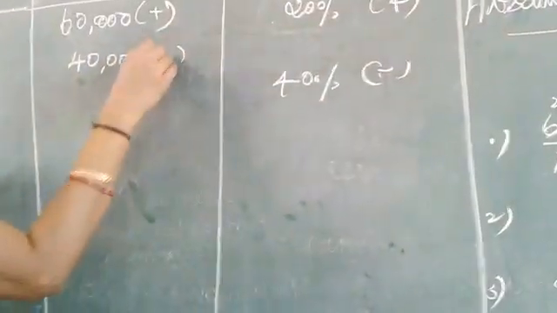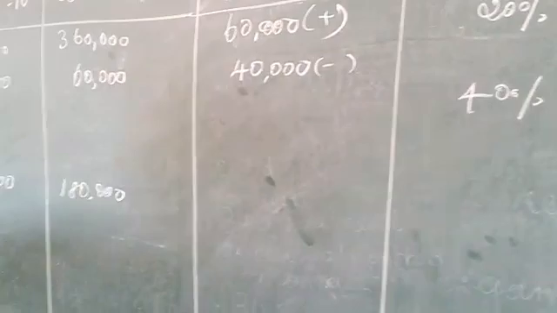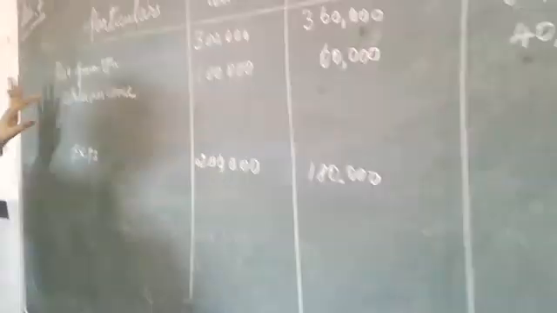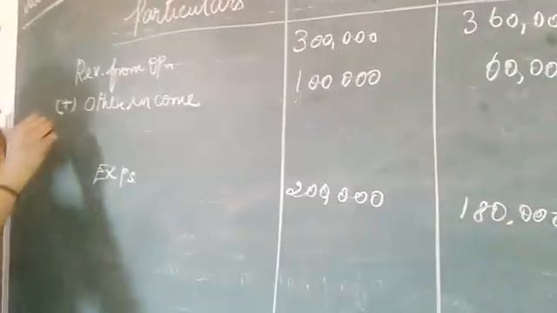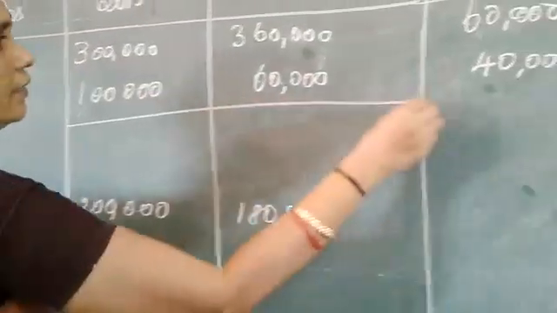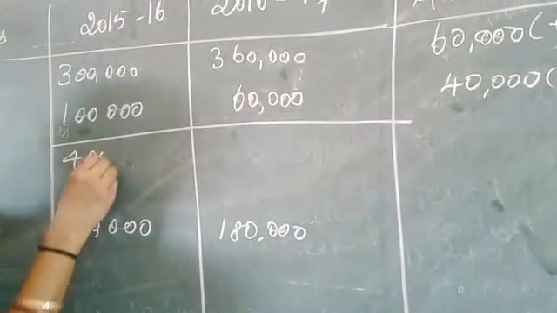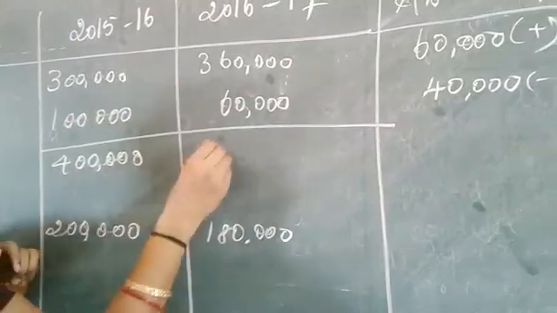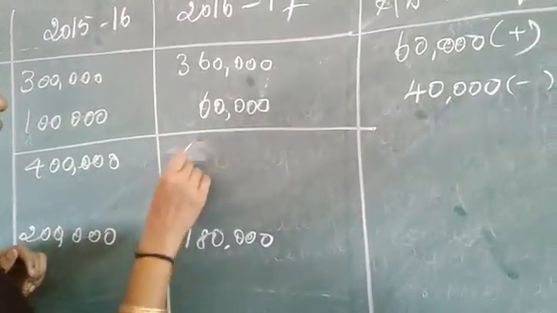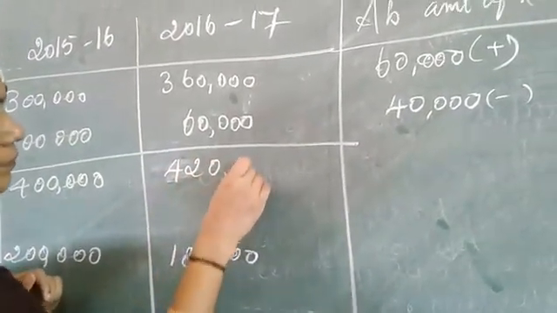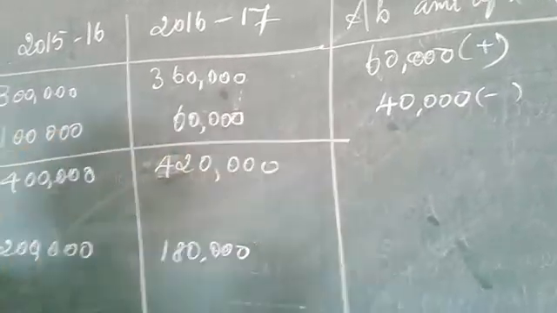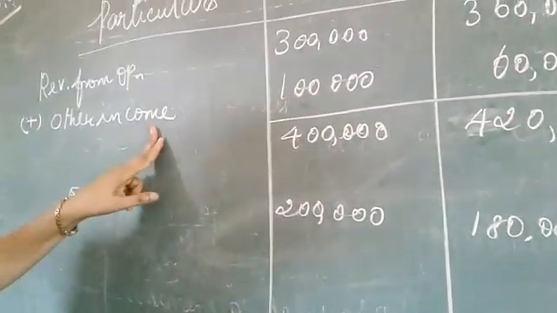Then next step, what we have to do? Just we are going to add the revenue here, income, and say the answer: 3 lakh plus 1 lakh. What is that answer? Yes, 4 lakh. Here is 4 lakh 20,000. Income only given, so that only we are adding, isn't it?